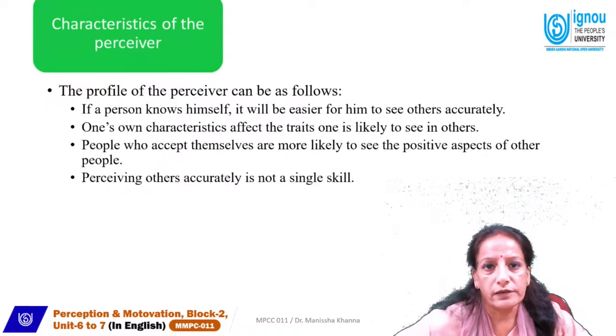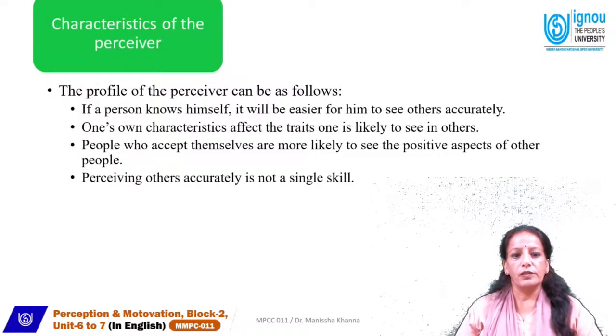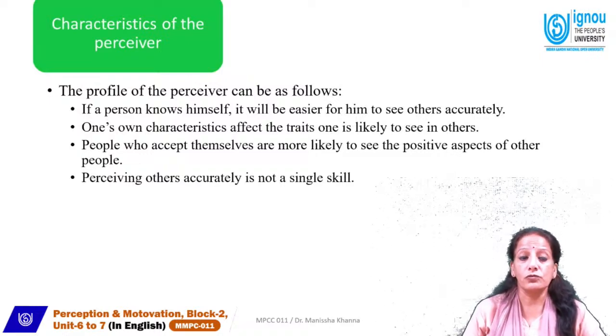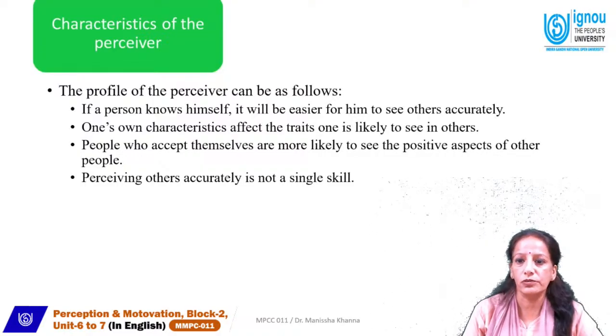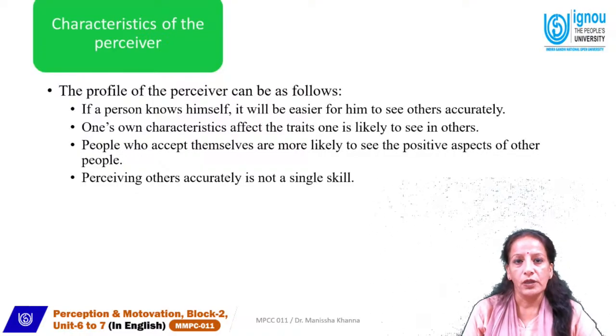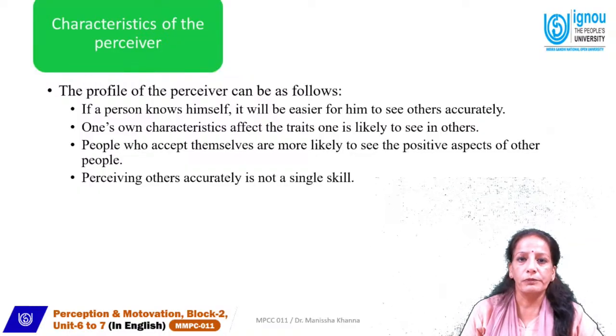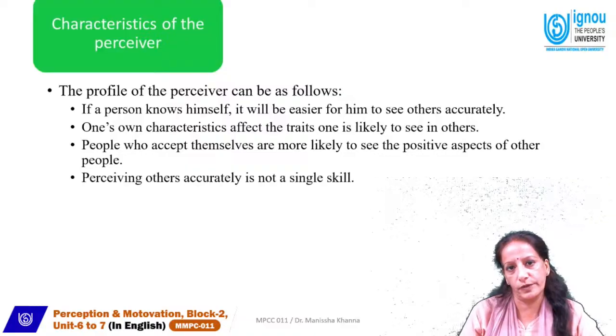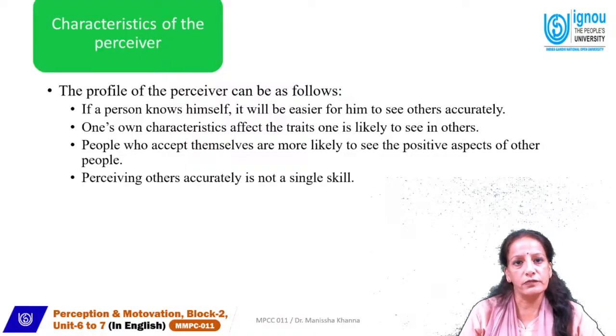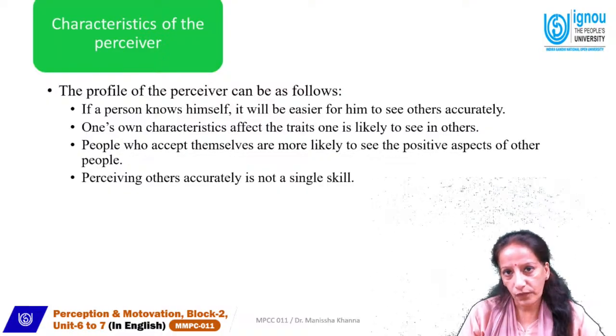Then there are the characteristics of the perceiver. The profile of the perceiver can also be as follows: if a person knows himself, it will be easier to see others accurately. One's own characteristics affect the traits one is likely to see in others. People who accept themselves are more likely to see the positive aspects of other persons. And perceiving others accurately is not a single skill.